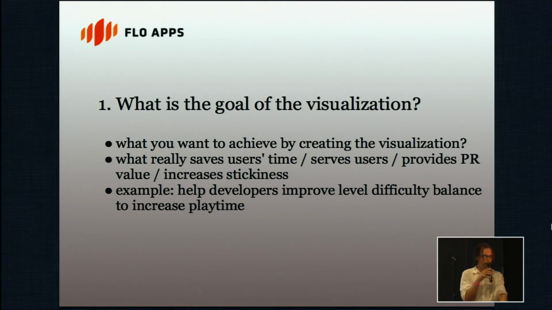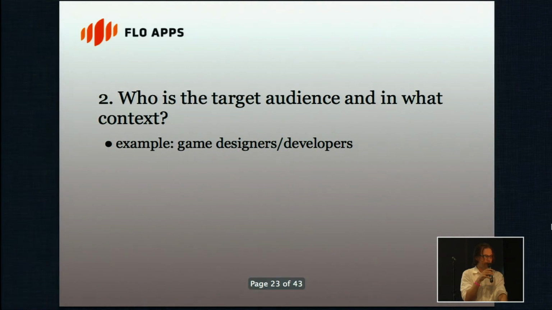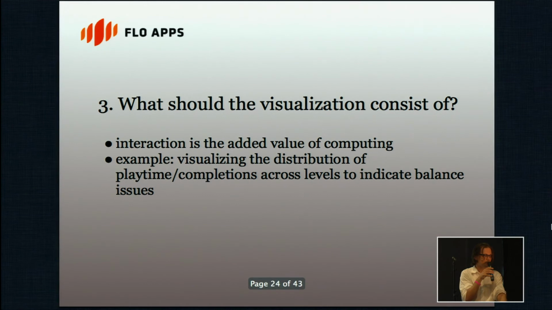Okay, once we've started with a goal, we have to think what the target audience is and in what context. Our examples, as I said, are from within the company. So then we start to think what the visualization should consist of.